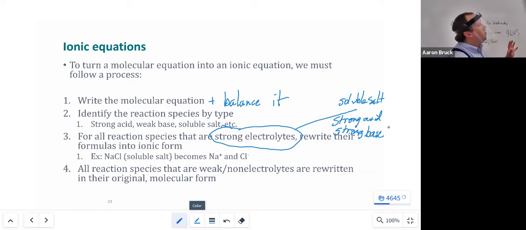And so that's how we turn a molecular equation, the one that we've been working with, the one that we're familiar with, into an ionic equation.